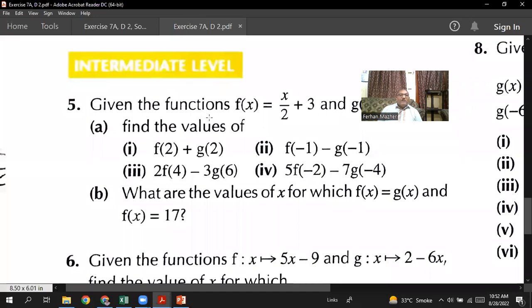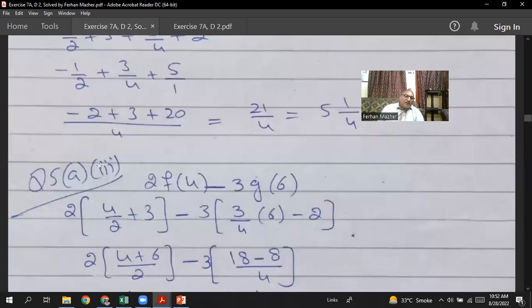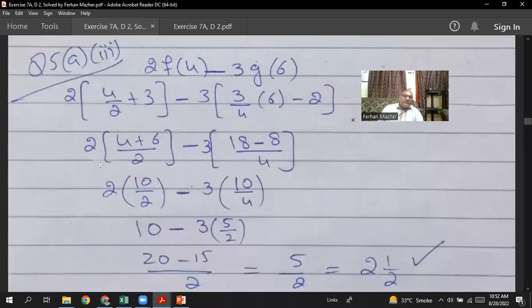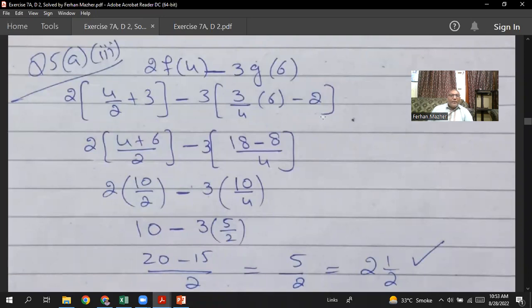Here we go. So the third part is 2 times f of 4 minus 3 times g of 6. So 2 times f of 4.